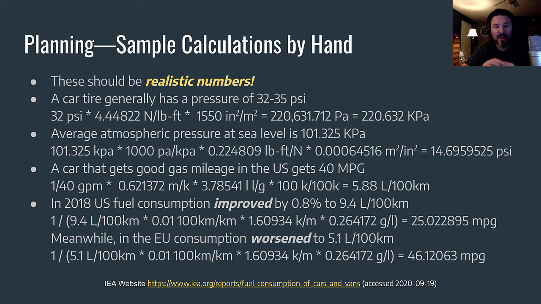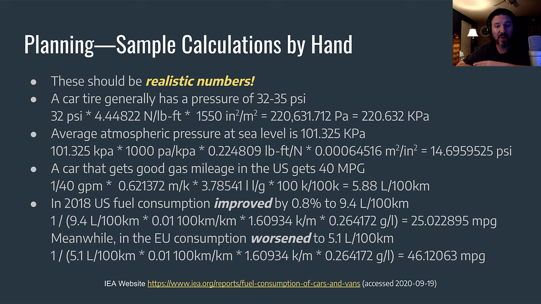They also track things like the Paris Accords and how well countries are keeping up with their commitments to make improvements to not have climate change be so bad. And so I found out that in 2018, United States fuel consumption actually improved by 0.8% to 9.4 liters per 100 kilometers.